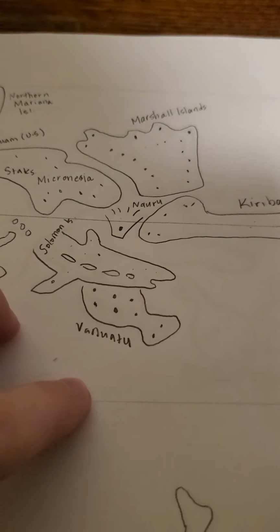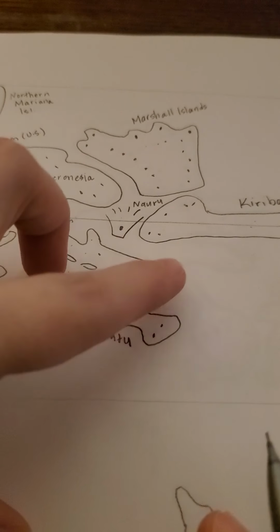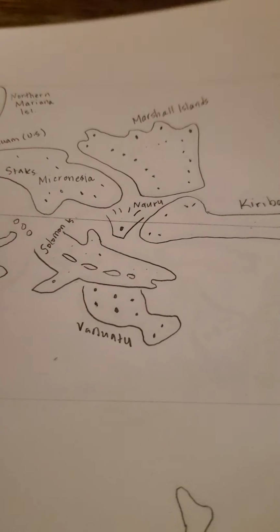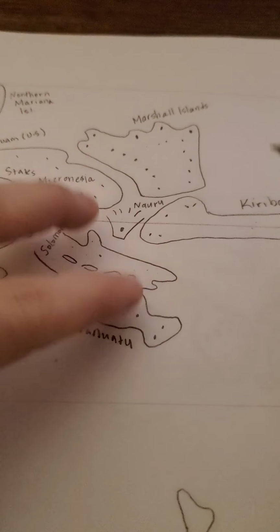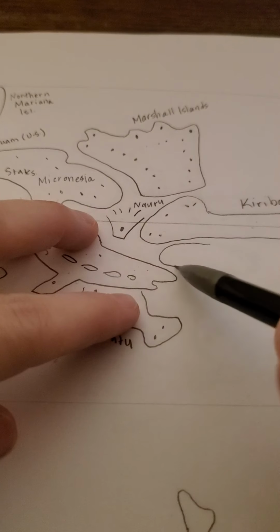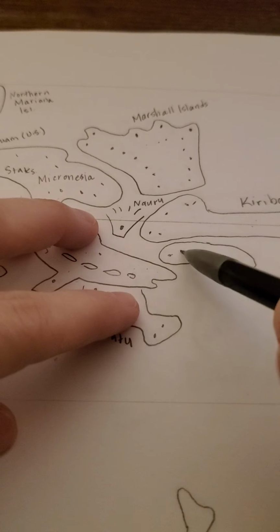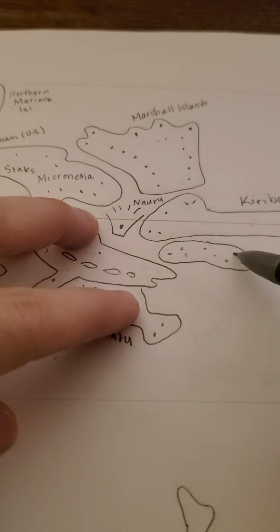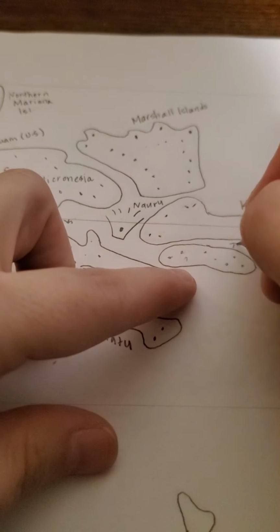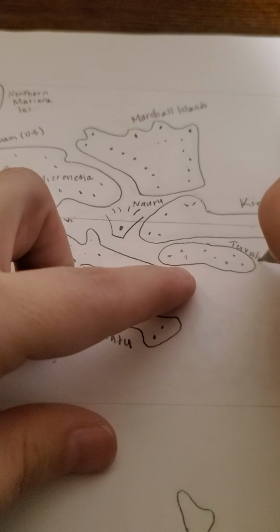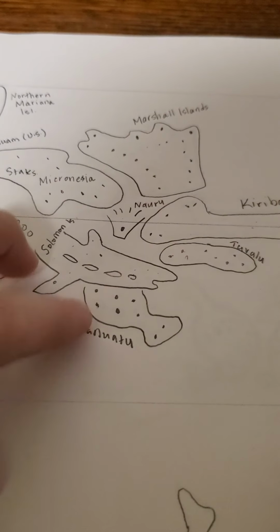All right, and then over here, right above our Solomon Islands, is another sea slug. I'm just going to draw a little sluggy here, and we've got islands. And that is Tuvalu, the Tuvalu Islands, I think is how you say it. Okay.